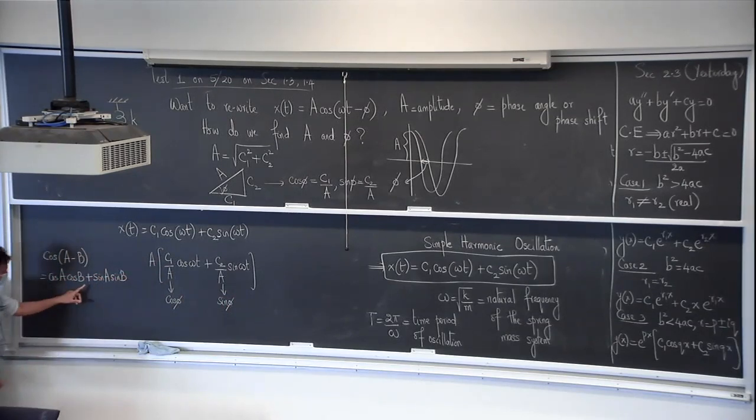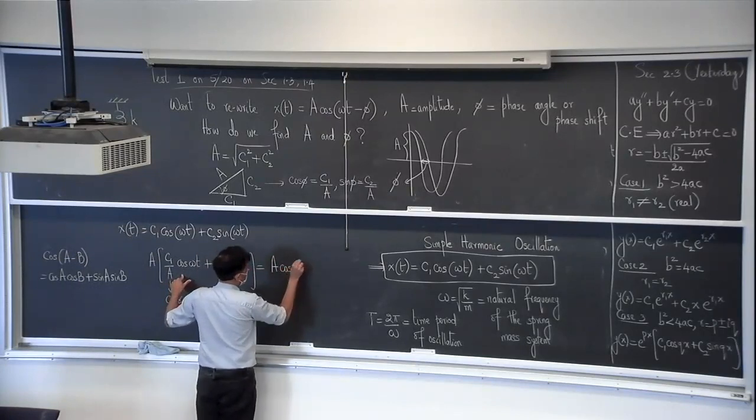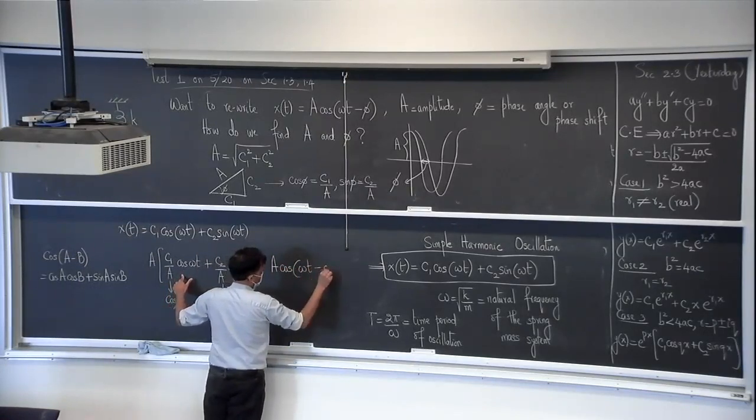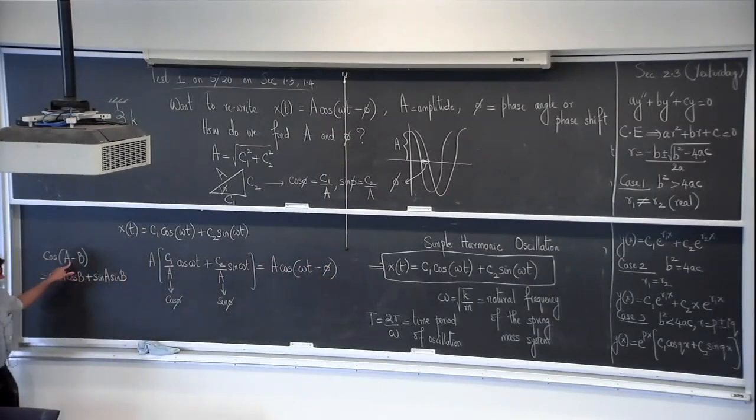It's a rather weird relationship: it's a positive there and negative there. Some of you would have seen it, some of you may not have. That's okay. Just going to make use of that here, and that's going to become cosine of omega t minus phi. So a is going to be omega t, b is going to be phi.